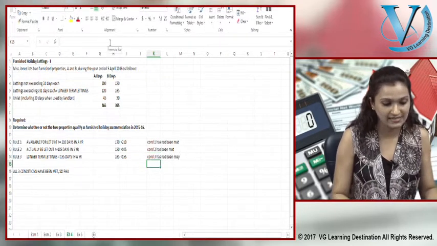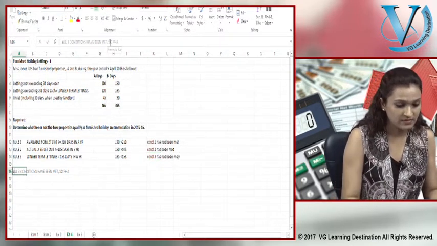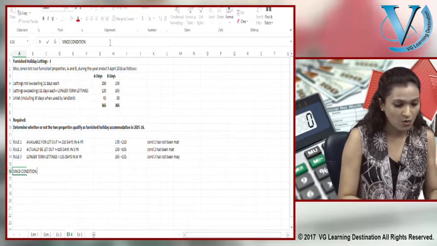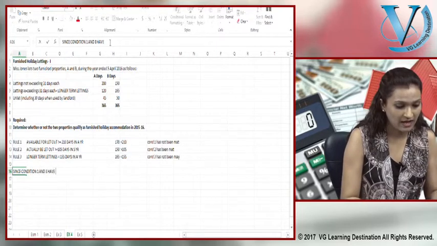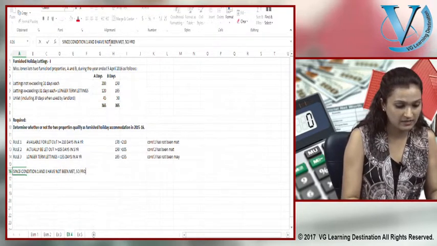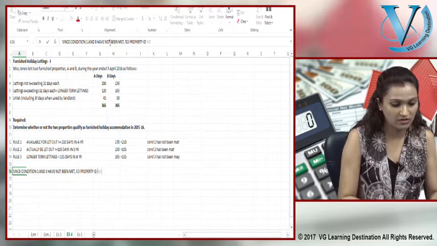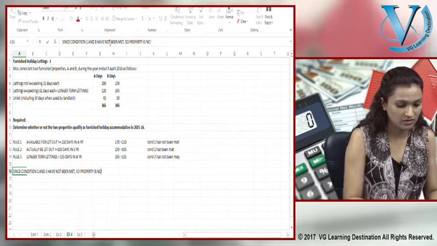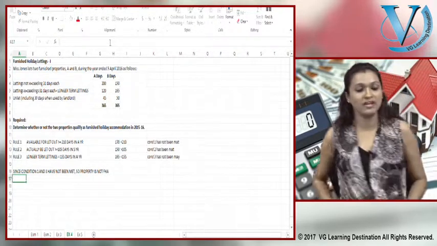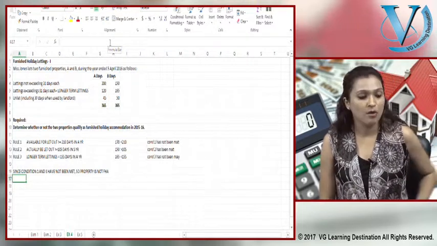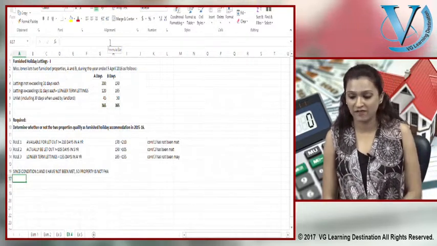So let's conclude by saying, since conditions 1 and 3 have not been met, the property is not a furnished holiday accommodation. So very clearly we've been able to bifurcate that this property B is not a FHA.